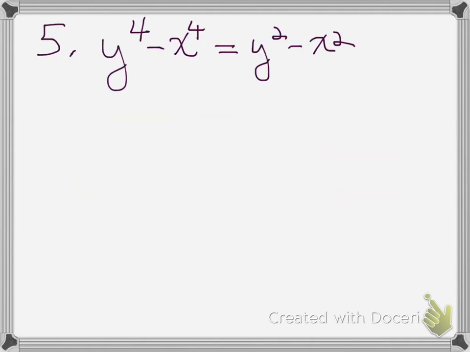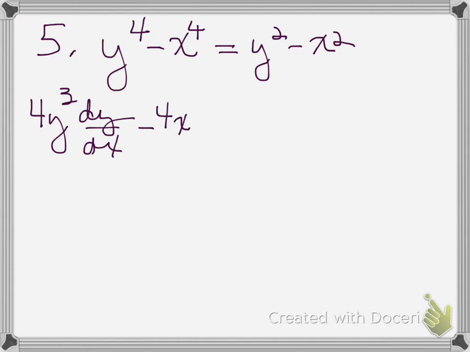Okay, just looking at this question, I see I'm going to have dy/dx's on two sides. So starting to take derivatives from the left, I get 4y cubed dy/dx minus 4x cubed equals 2y dy/dx minus 2x.